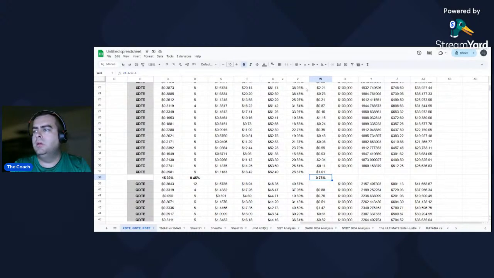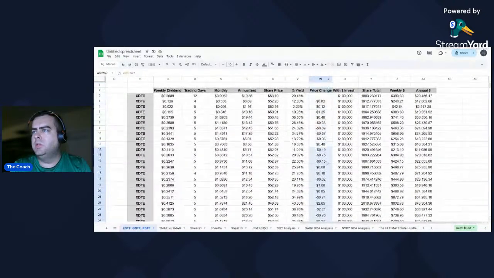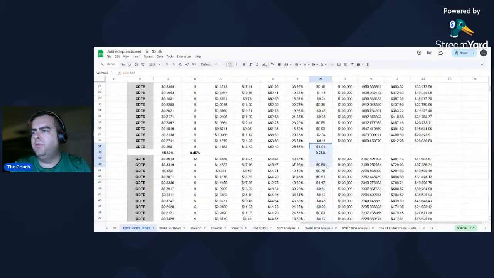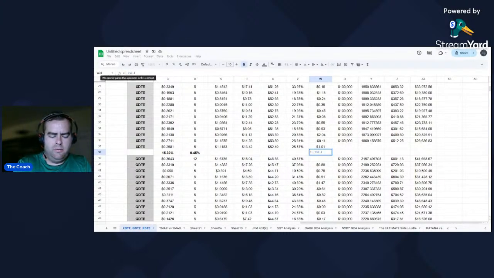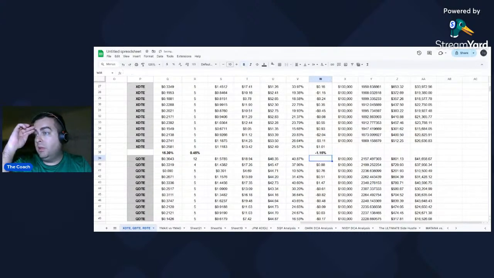Let's see. I confused myself here. Okay, so since we started, we're slightly down. Down 61 cents, actually. Negative 0.61. That's right. Instead of doing all of this, you know what?